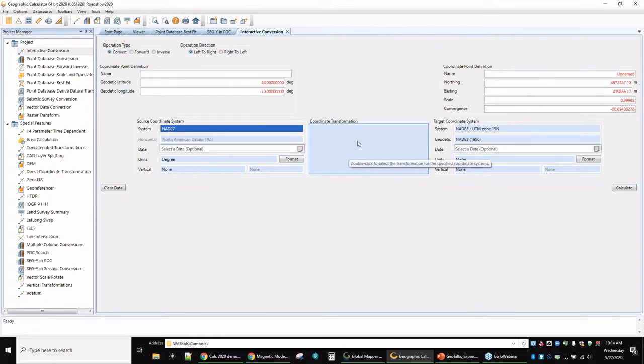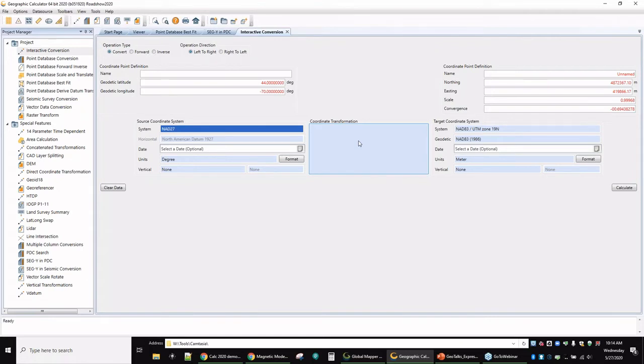Now, we're going to be talking a lot about the coordinate transformation box today because this really gets to one of our major new features in the Geographic Calculator. For a very long time, basically 14 years now in the Geographic Calculator, we have broken off the coordinate transformation from the datum.